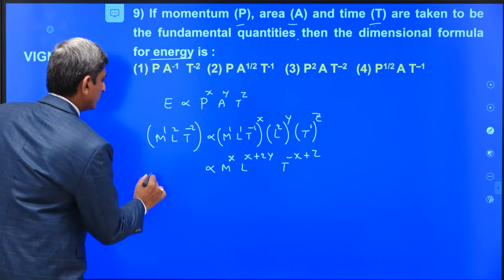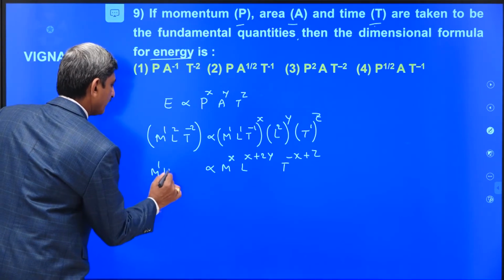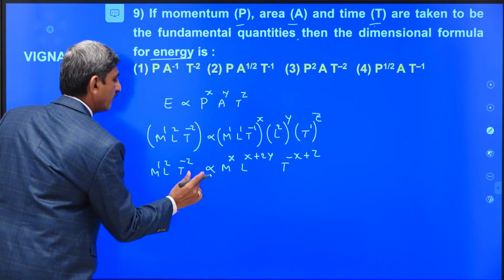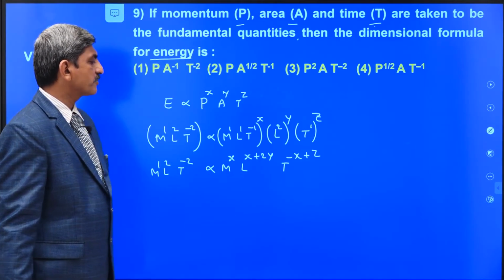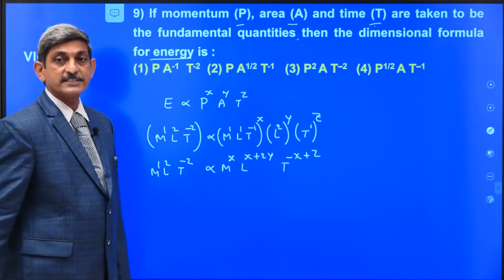Okay, so M1 L2 T minus 2 is proportional to M to the power of x, L to the power of x plus 2y, T to the power of minus x plus z.